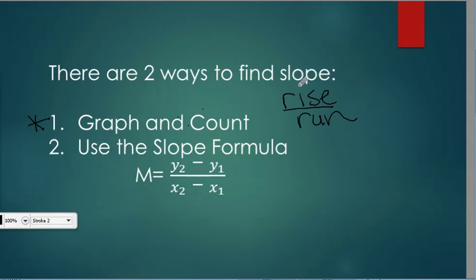You can graph your line, pick 2 points that are on the line, and then count the change in y over the change in x. Okay, another way is by using the slope formula. So let's go ahead and talk about how we find slope by graphing and counting first.